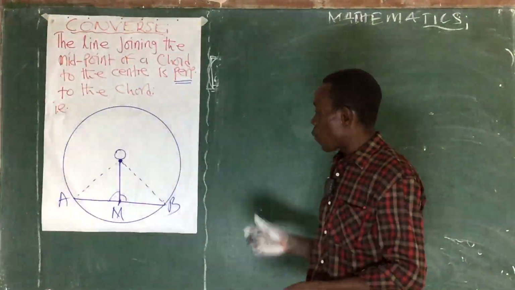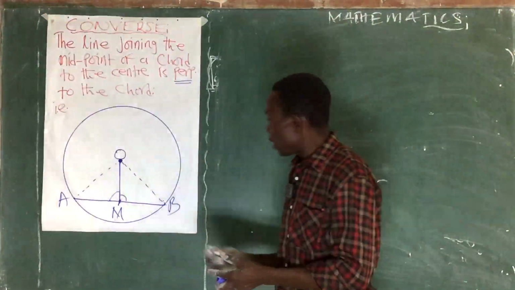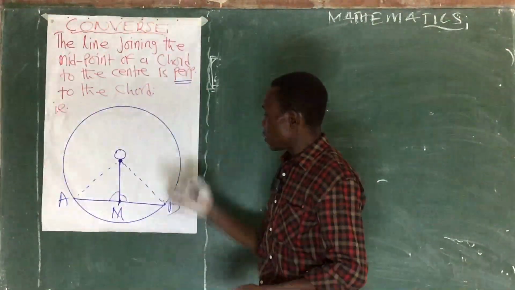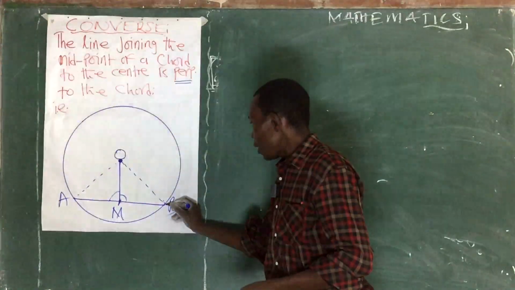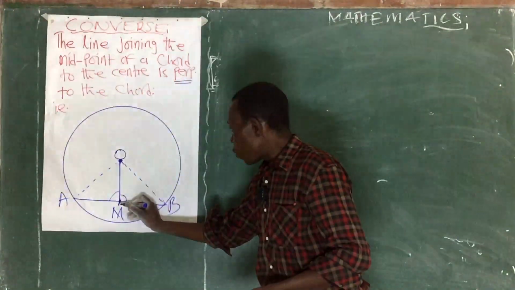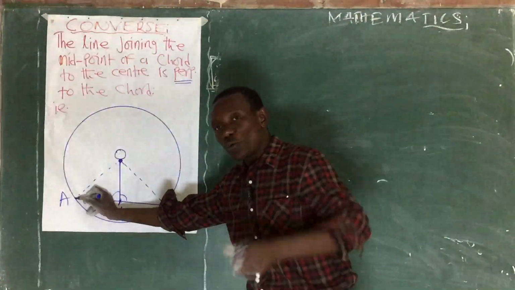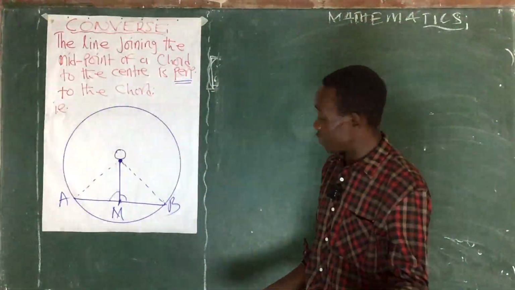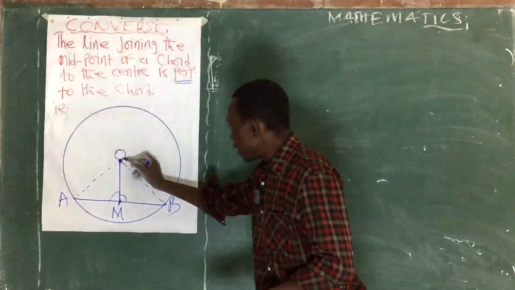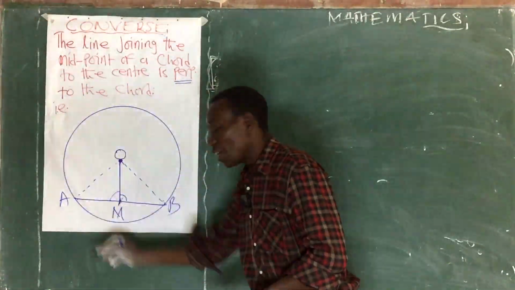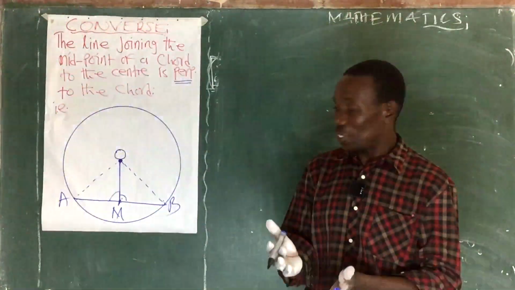Right. So now, what is my aim here? It is simply to show that angle OMB is equal to angle OMA, which is equal to right angles. Or angle OMB and angle OMA are right angles. That's it.